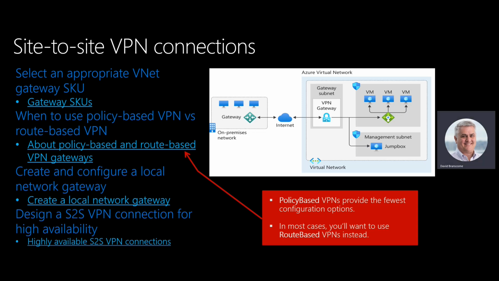There are several different options for achieving high availability of your VPN, and some of those are setting up active-standby or active-active VPN gateways. You can have dual redundancy gateways in Azure and on-premises, and a variety of other configurations. There are different ways that you can achieve high availability for your site-to-site VPN connections.